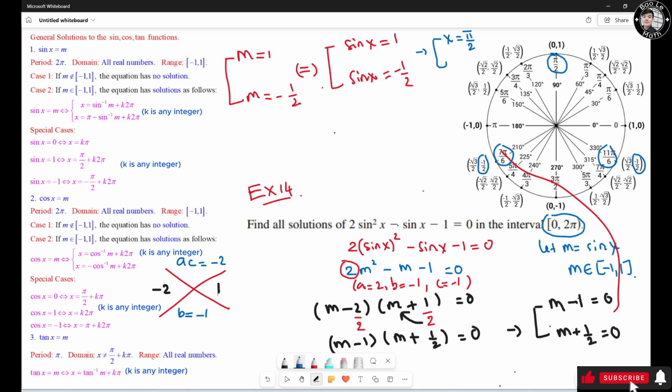Keep in mind you don't need to add 2 pi, because you're given the restricted domain. That only applies for the general solution. Now the second one, you have two values: s equals 7 pi over 6 and 11 pi over 6.